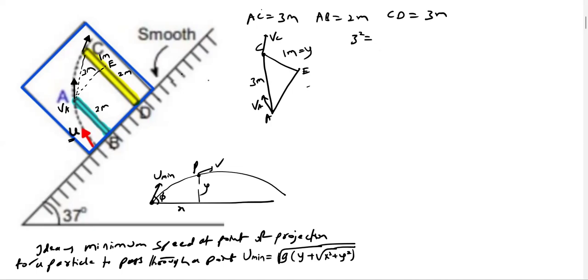This will be 3 squared equal to y squared plus E squared. 9. Y will be 1.